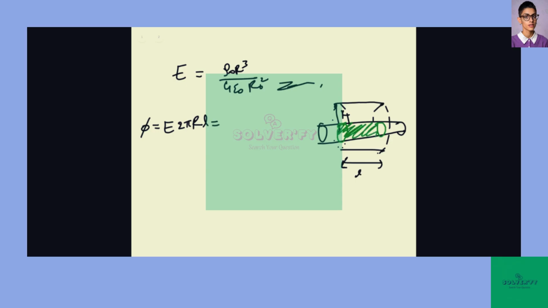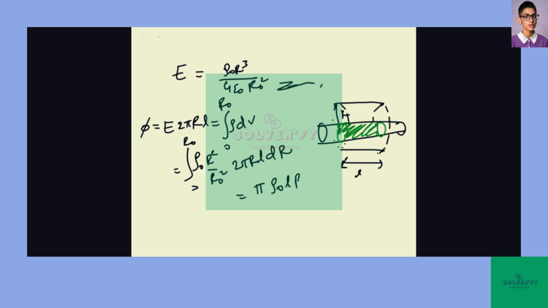So that is integral from 0 to r naught rho dV. We know that rho is rho naught r squared by r naught squared. dV is 2 pi rL dr, which gives us charge enclosed equal to pi rho naught L r naught squared by 2. So we get the same thing as the last time, but instead of r, we have r naught.